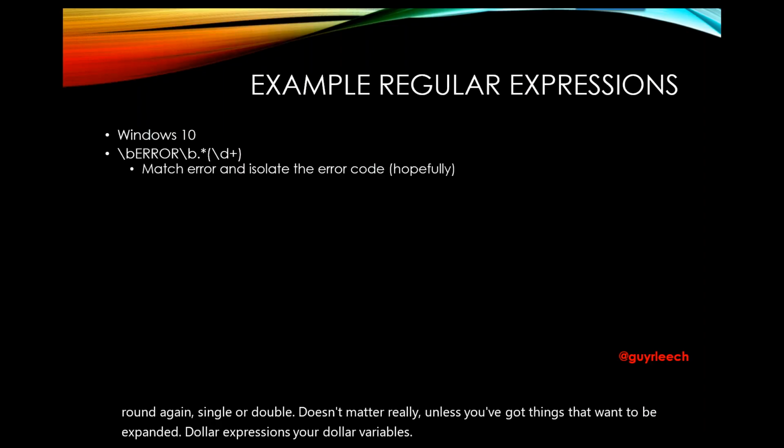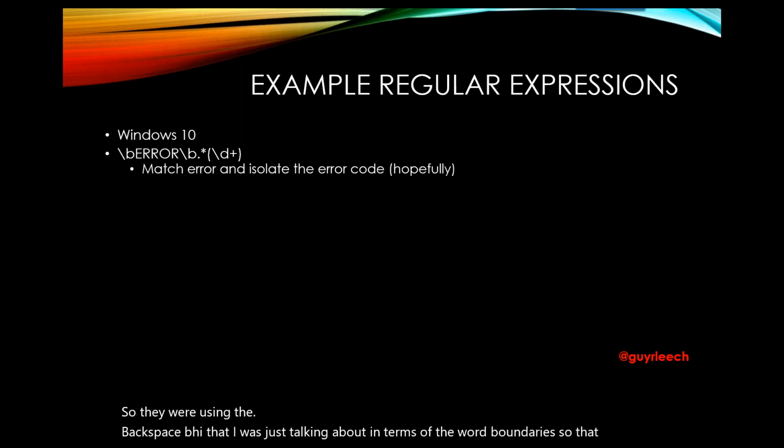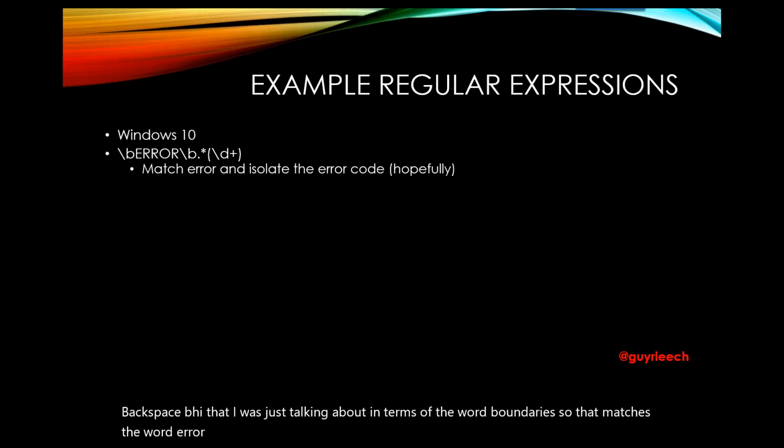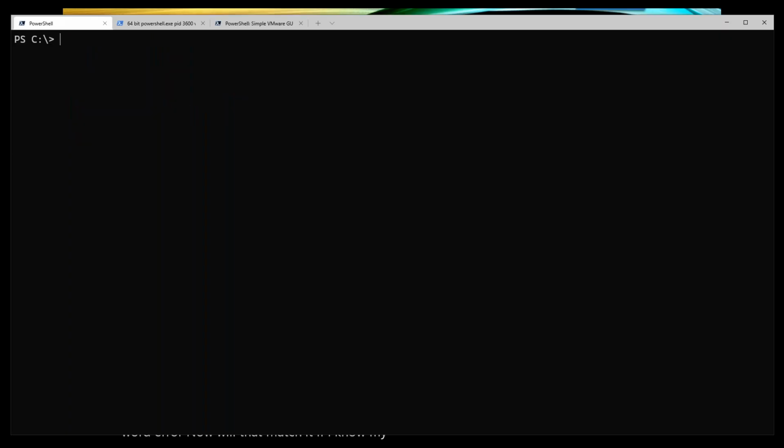So there we're using the \b that I was just talking about in terms of the word boundaries. So that matches the word error. Now, will that match it? If I know my error log files are always going to have it in capital letters, then I would have to use a C match because by default, as we said in PowerShell, they're case insensitive, which a lot of the time makes it a lot easier.